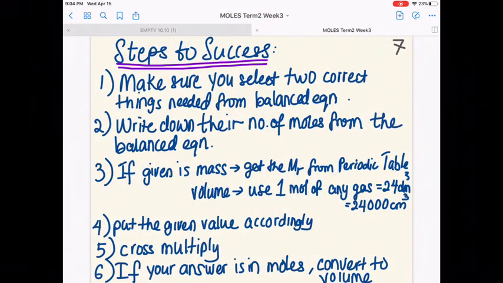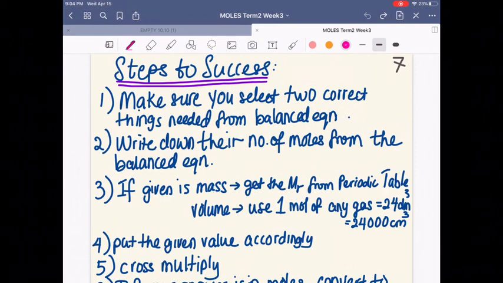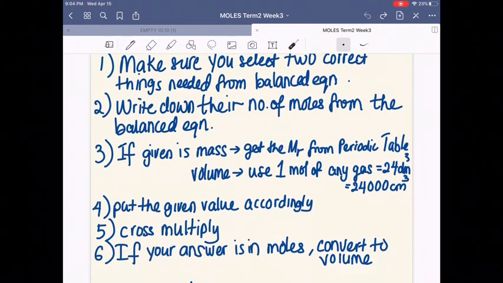So what's our step to success for this part of the topic? Make sure you have selected 2 correct things, the 2 important things, from the balanced equation. Next, write down the number of moles from the balanced equation in the ratio form.